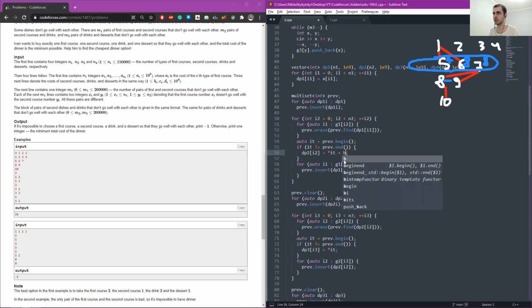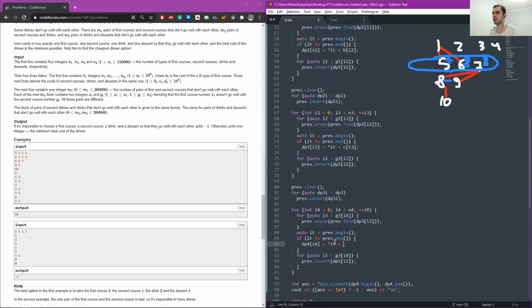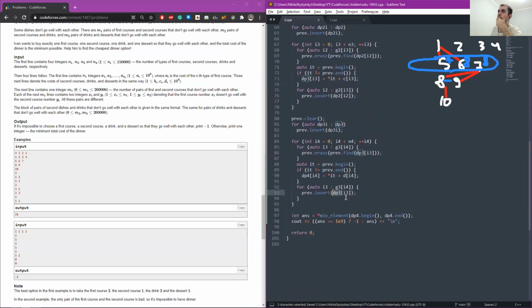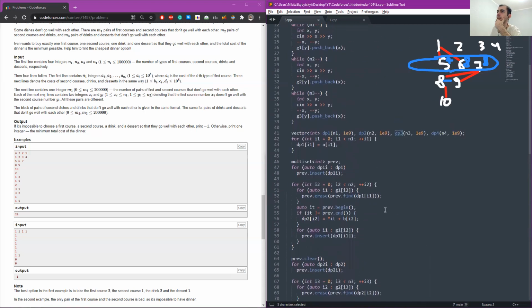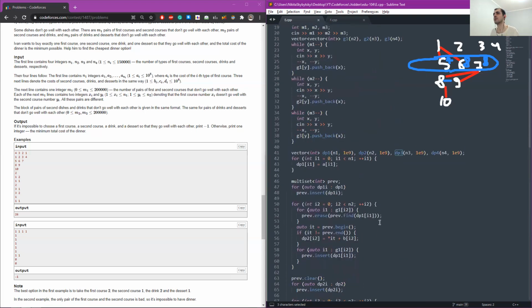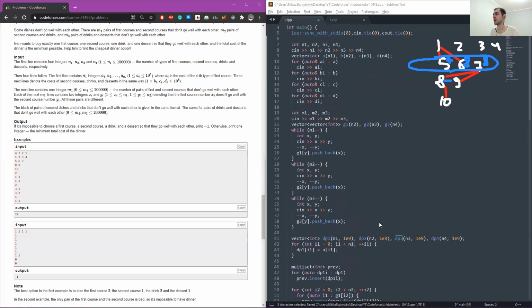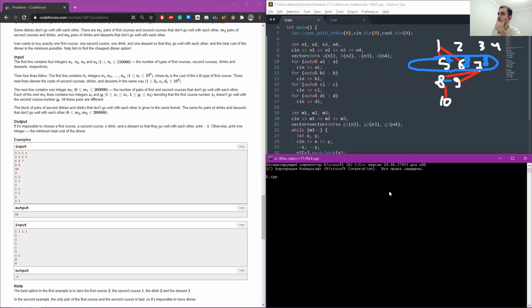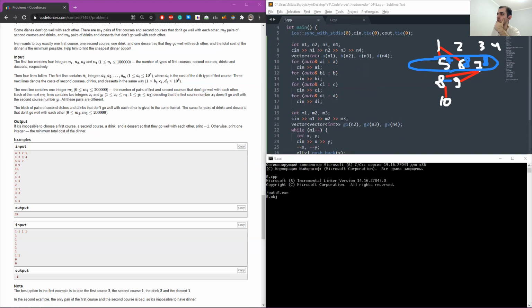We obviously want to add the item. And here we want to add CI3. And here we want to add DI. I'm pretty sure it still fails, but let's see. Yeah, okay.